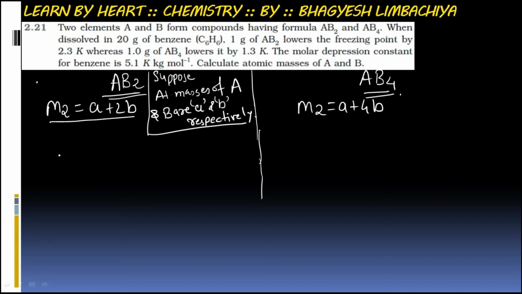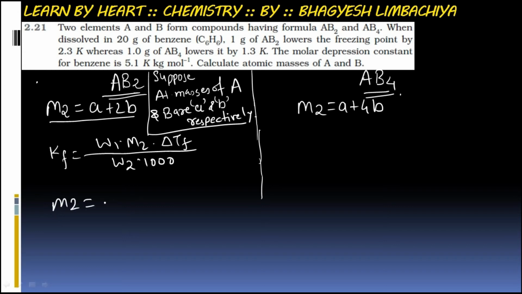Now here we are writing the remaining terms. Kf has a formula W1 M2 delta TF upon W2 1000, and if we make M2 the subject, it will be Kf W2 multiplied by 1000 divided by W1 multiplied by delta TF.